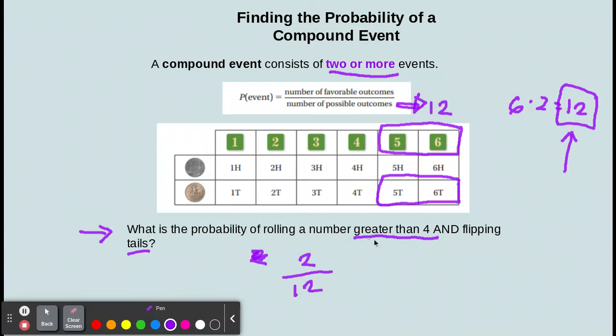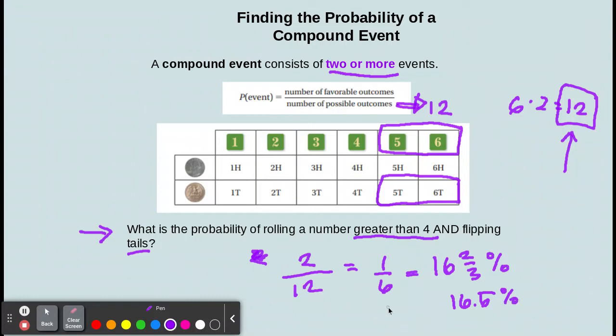So the probability of rolling a number greater than 4 and flipping tails is 1/6, which is the same as what? Approximately 16 2/3%, 16.6 repeating percent.